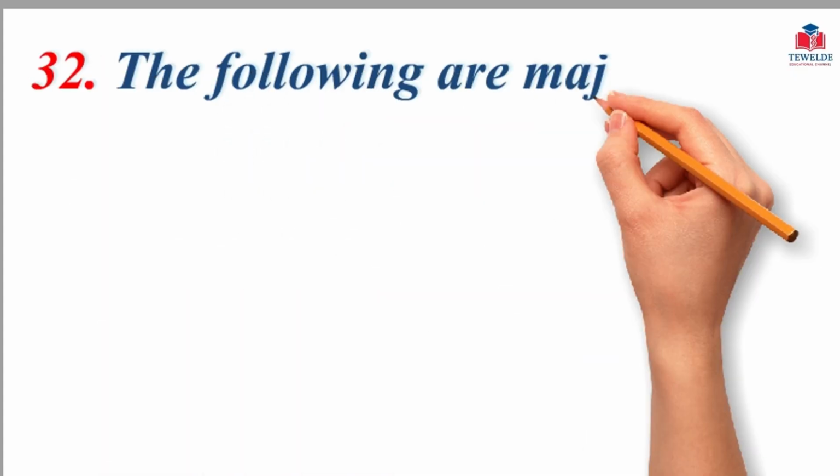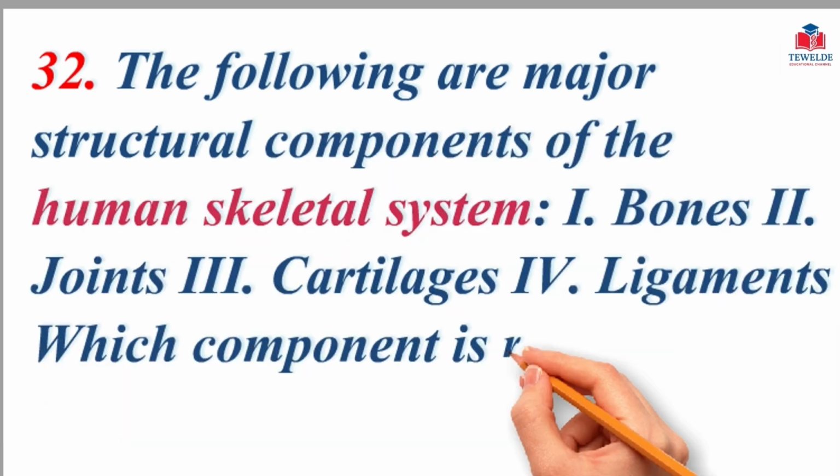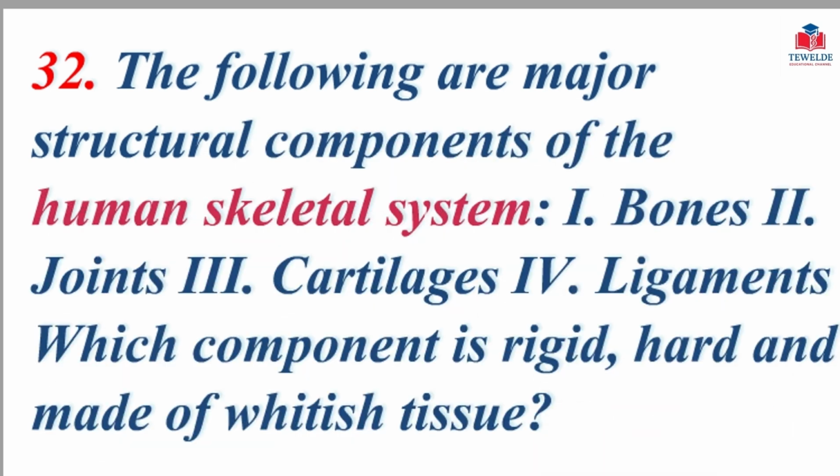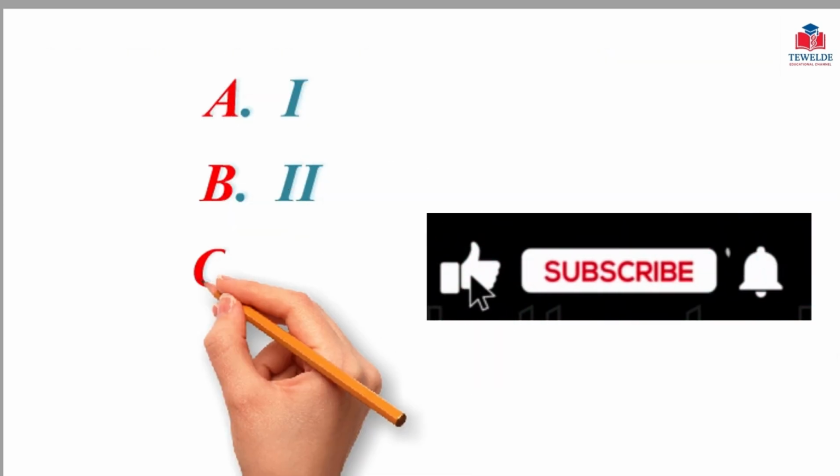Question number 32. The following are major structural components of the human skeletal system. 1. Bones. 2. Joints. 3. Cartilages. 4. Ligaments. Which component is rigid, hard, and made of whitish tissue? A. 1.